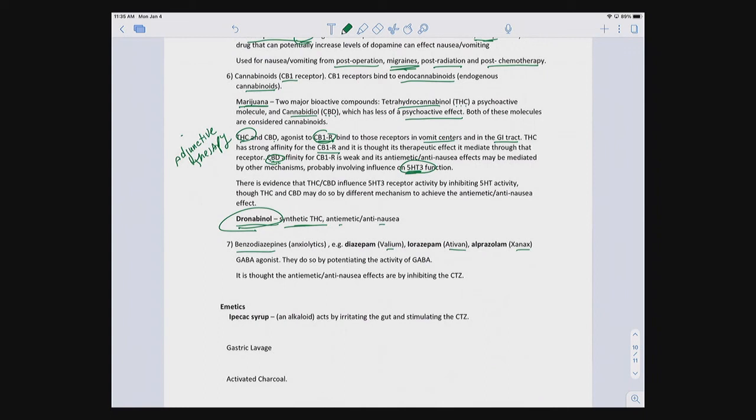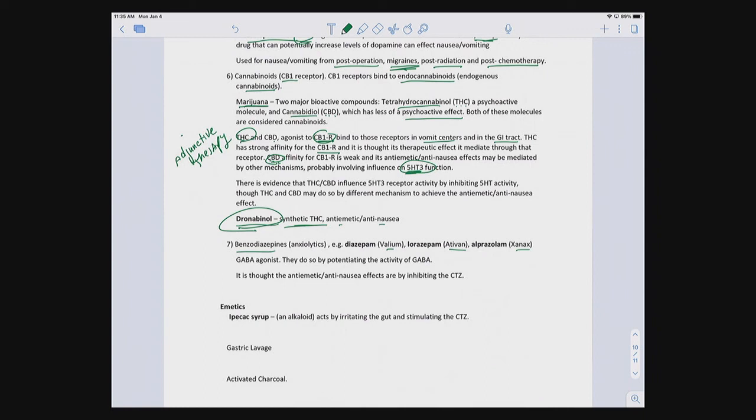Like the cannabinoids, the benzodiazepines would not be something that you would use in and of themselves, but you would also use them as an adjunctive type of therapy. This can be particularly helpful when we are dealing with anticipatory nausea and vomiting associated with chemotherapy.